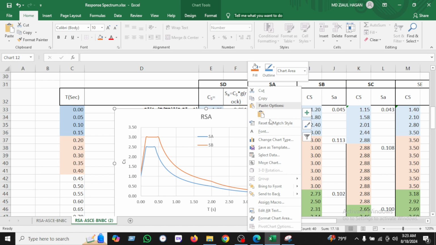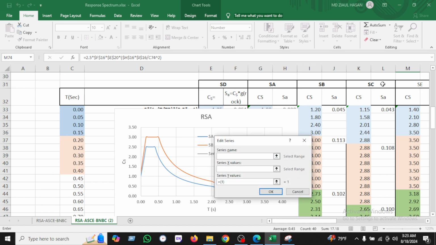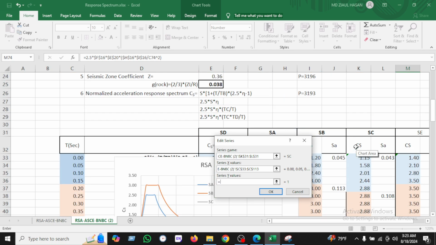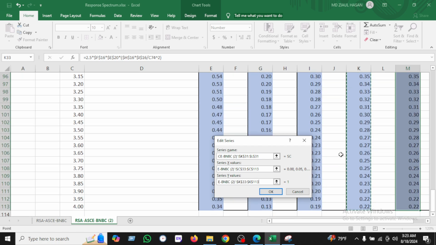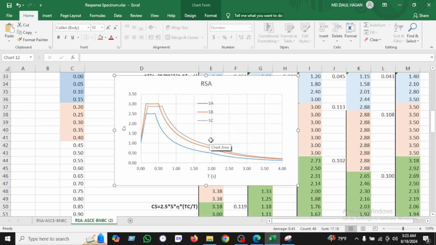We will plot Sc. So this is Sc, and the X value is the time period up to 4 seconds, and the Y value is Sc. Okay, here is Sc. So Sc is drawn.